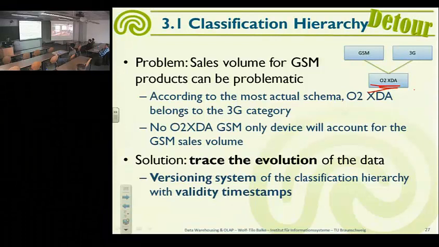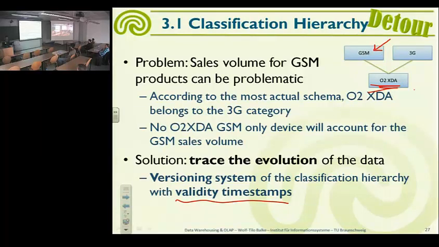So you put some timestamps, and these validity timestamps tell you that up until 2008, this product was in the GSM product family. From 2008 and up, it's no longer in the GSM family, but rather it falls under the 3G product family category.